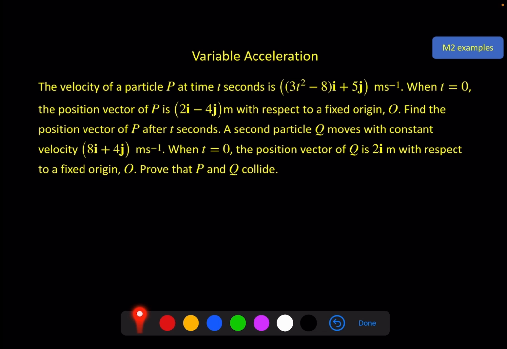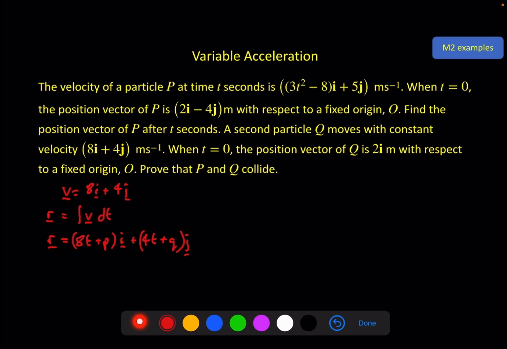So first we're going to need to find the position vector of q. We've been given the velocity, so we've got v is equal to 8i plus 4j, so the position vector is the integral of that, which is (8t plus p)i plus (4t plus q)j.